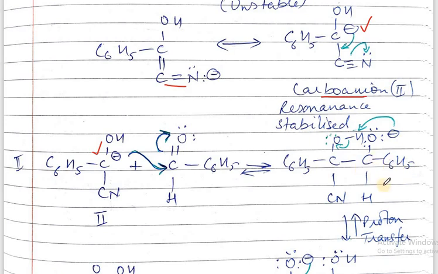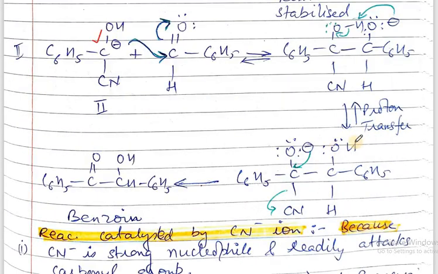And so again proton transfer takes place. This hydrogen moves to this, and these electrons move in between this, so we get O negative.